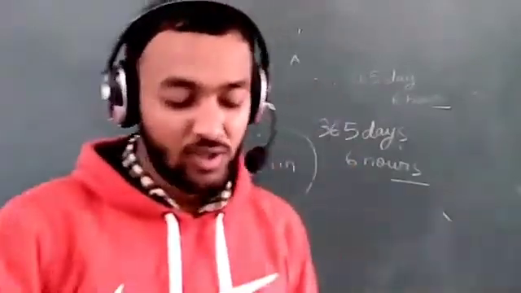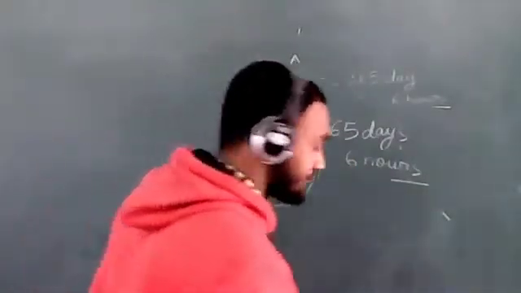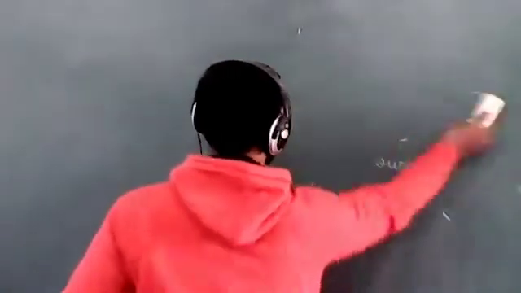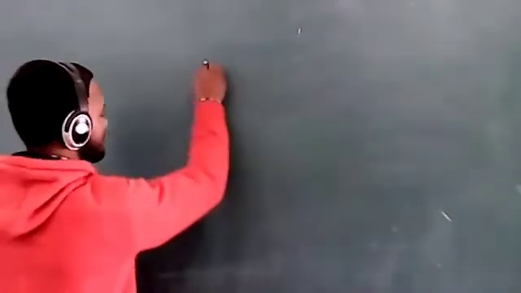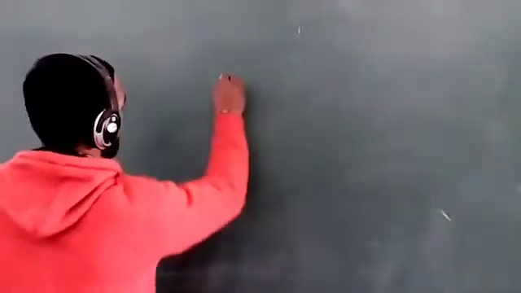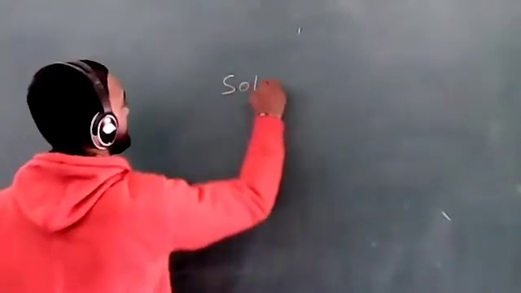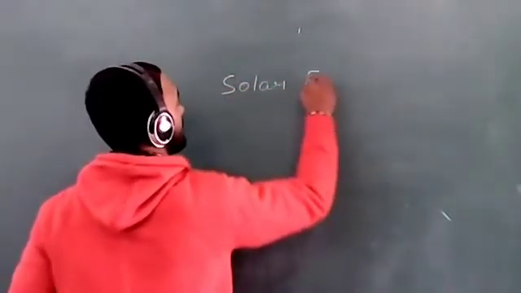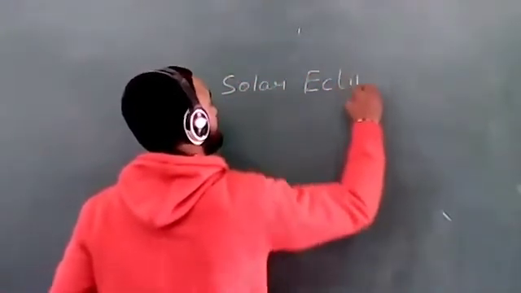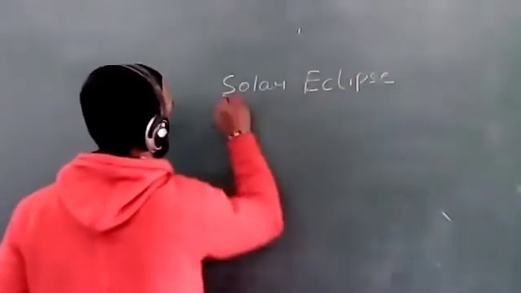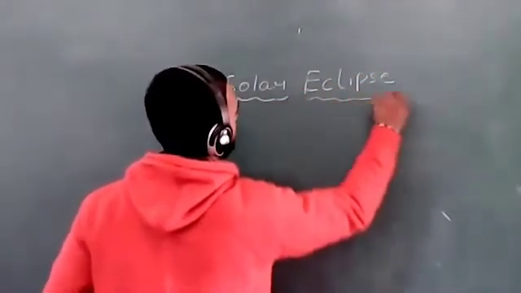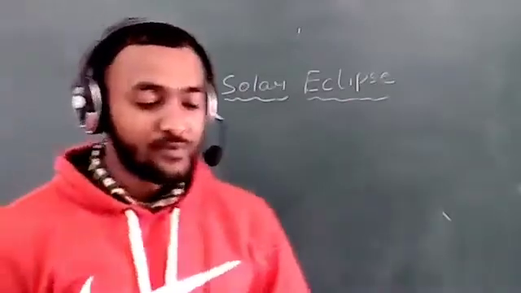First, we will discuss the solar eclipse. A solar eclipse occurs when the Moon comes in between the Earth and the Sun.